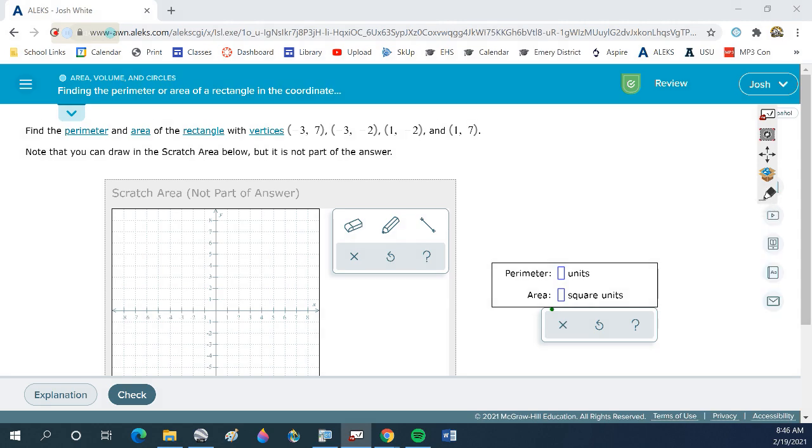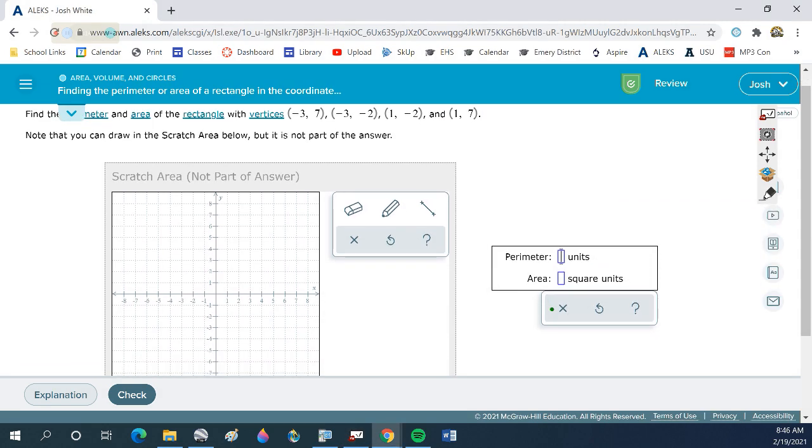Okay. So here we have a rectangle. And we'll graph it at (-3, 7), (-3, -2), and then at (1, -2) and (1, 7).